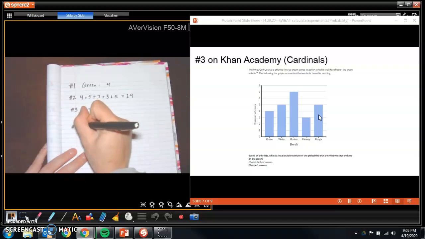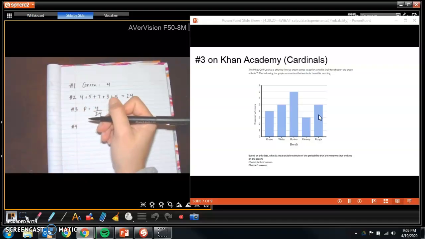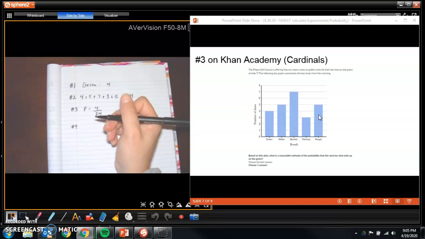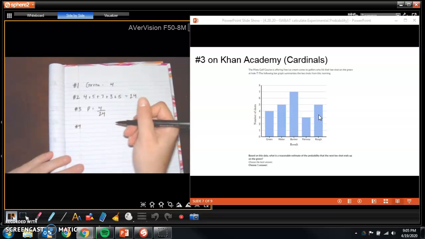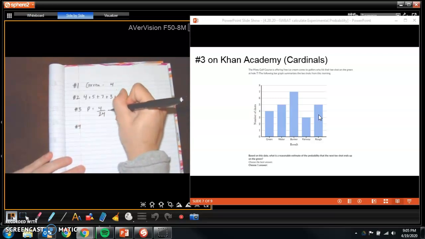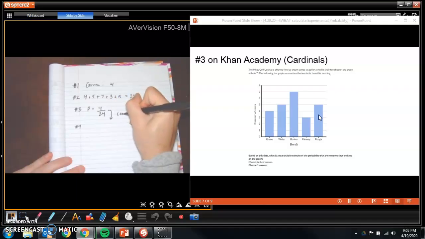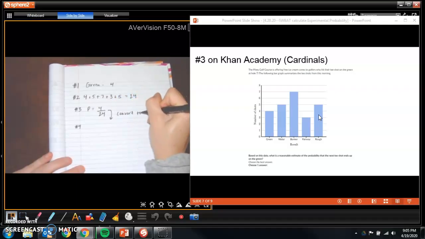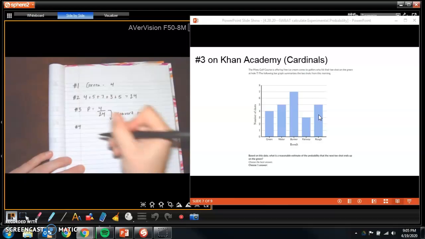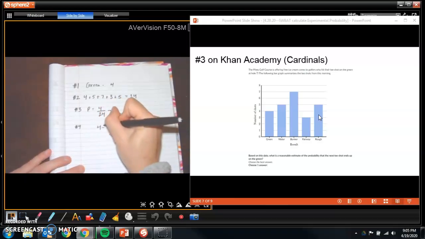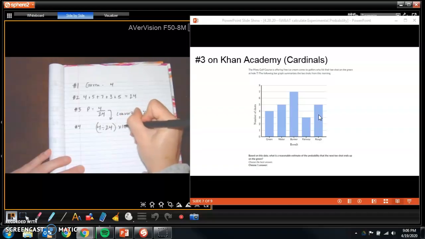And now looking at my answer choices, my answer needs to be in percents. So I need to convert this fraction to a percent. The way that I'm going to do that is I'm going to take 4 divided by 24 and then multiply it by 100.